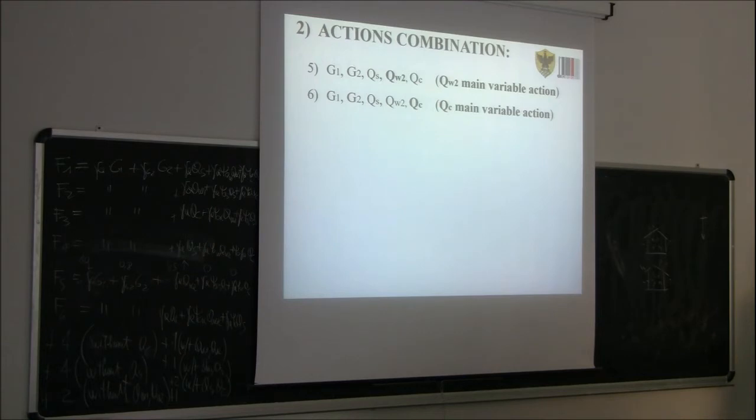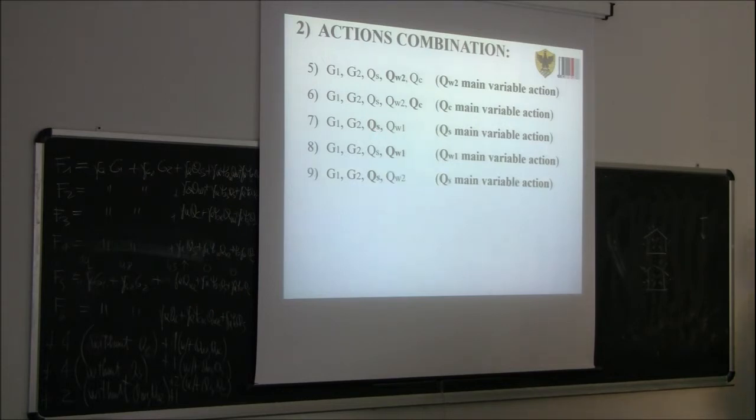Okay? Then we start taking away variable actions. So we take away, for example, here we take away QC. Okay? 2, because here is QS, the basic, here is QW1, the basic. Then we repeat with QW2.